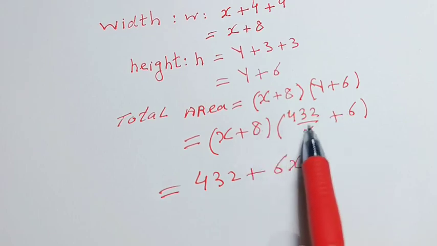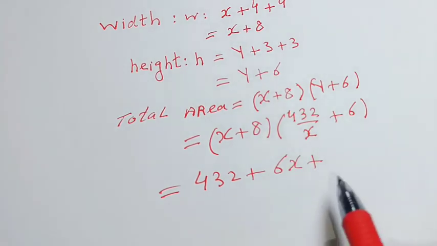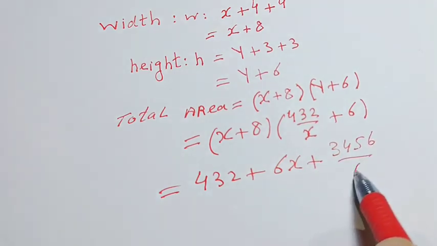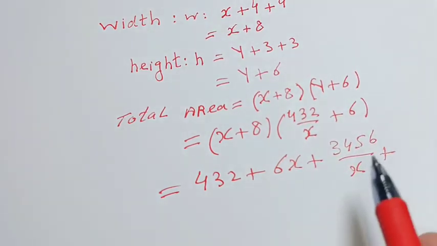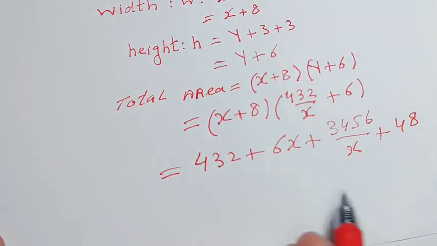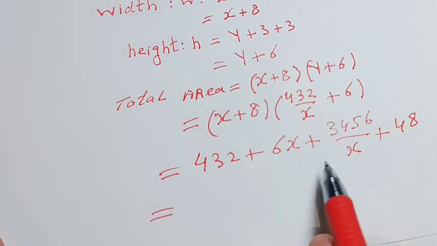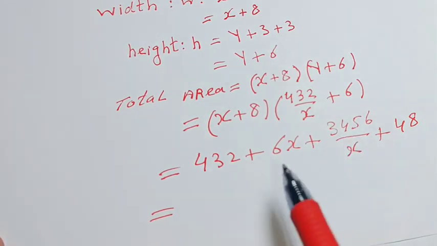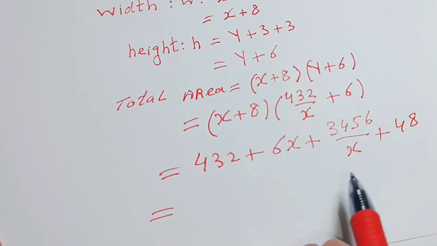So 8 multiplied by 432 is 3456 over x, plus 8 times 6 is 48. Now I'm going to simplify here. Because he wants the answer, we have to rearrange according to the demand of the question.